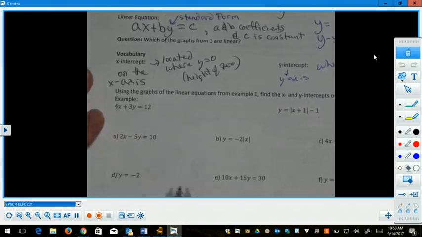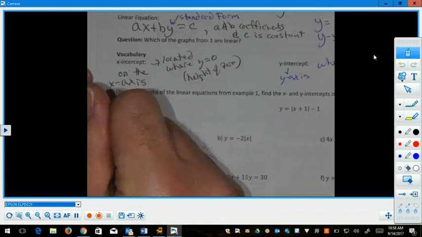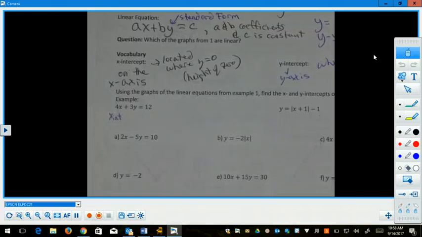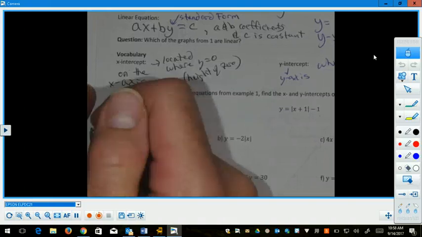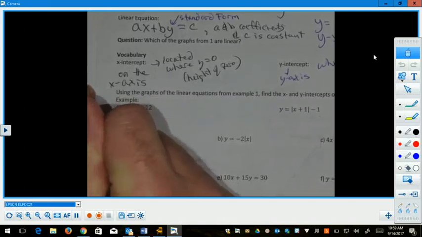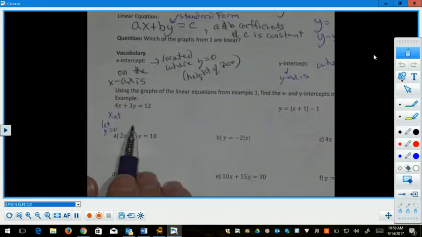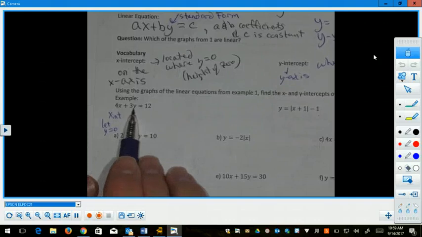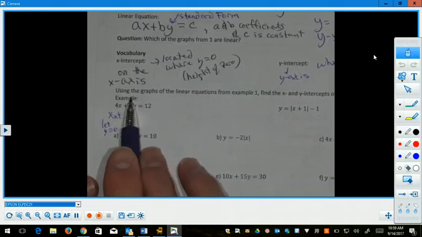So let's say I want to find my x-intercept, what do I have to do? Well, I'm going to make my y what? Let y equal 0. In doing that, what happens to the 3y? It becomes 0. So there's something called the cover-up method.